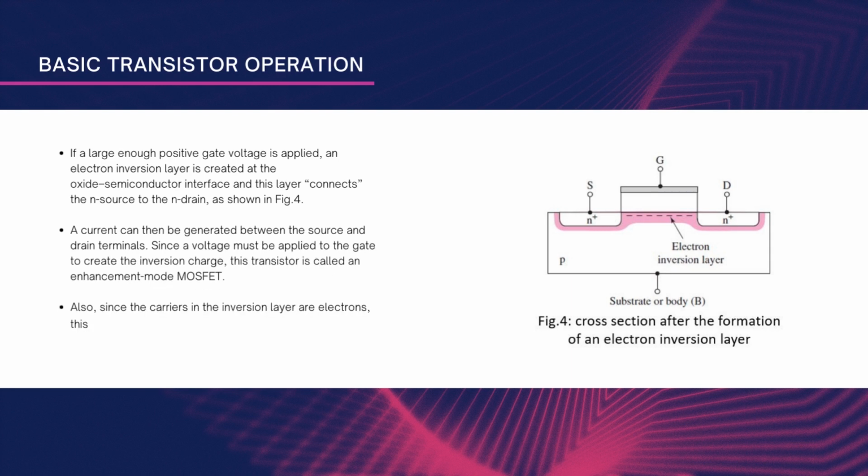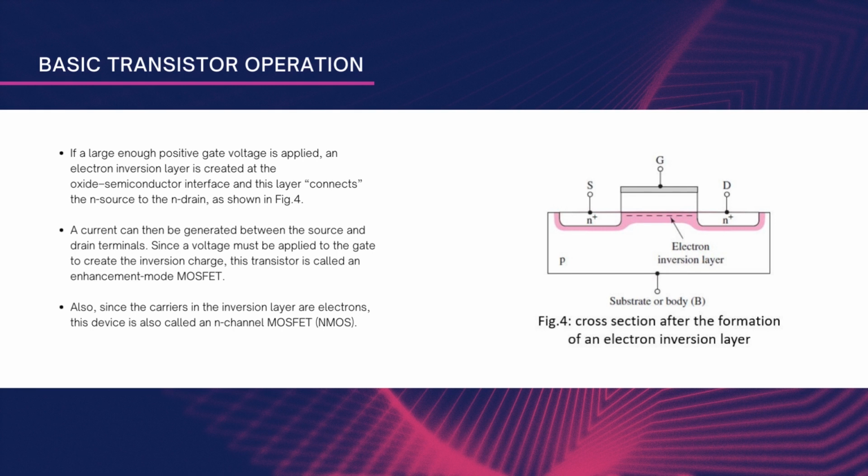If a large enough positive gate voltage is applied, an electron inversion layer is created at the oxide semiconductor interface, and this layer connects the N source to the N drain as shown in figure 4. A current can then be generated between the source and the drain terminals.